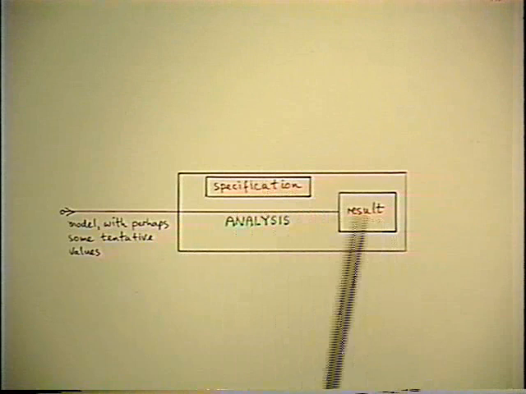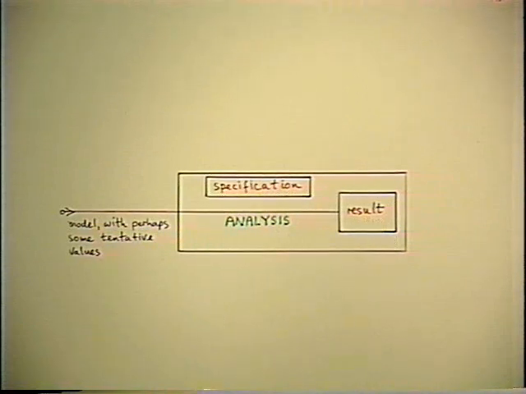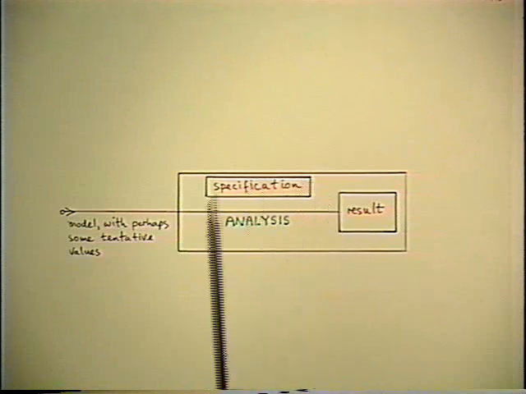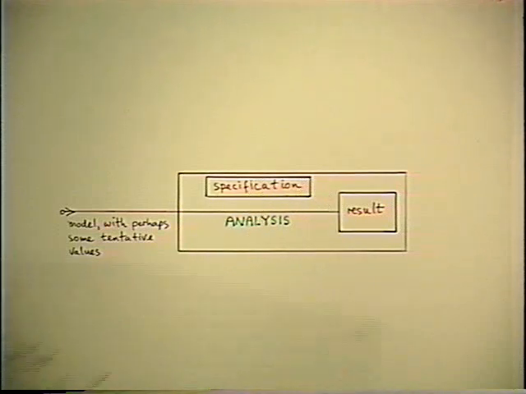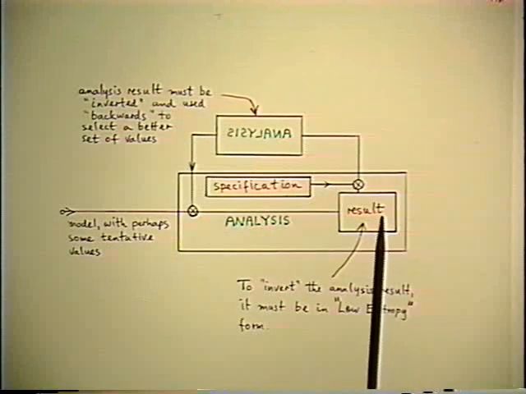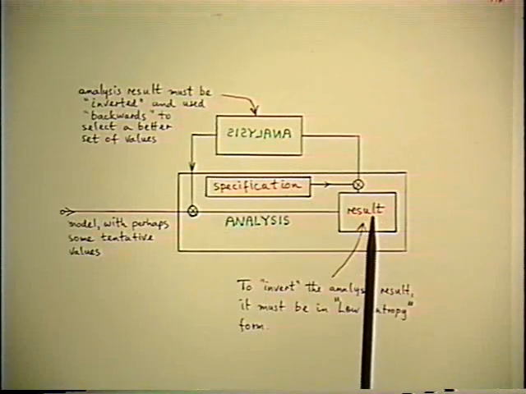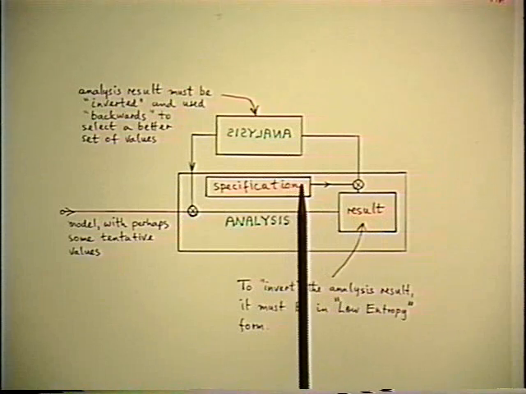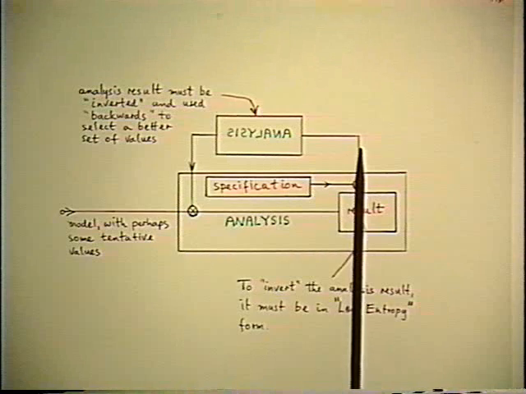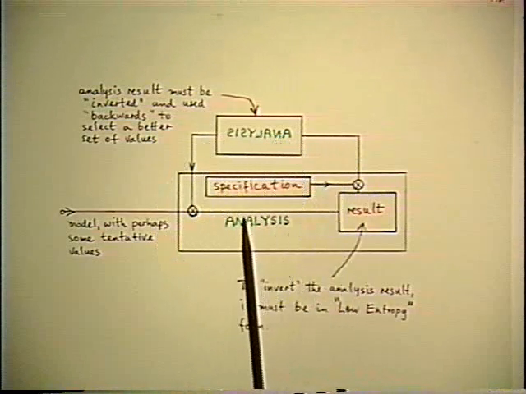And of course, it probably won't agree. So there's a discrepancy. Now we can complete this block diagram and make it look like a little feedback loop. We compare the output, which is the result, with the specification, which is your reference, and then you use the error signal to correct the original analysis.